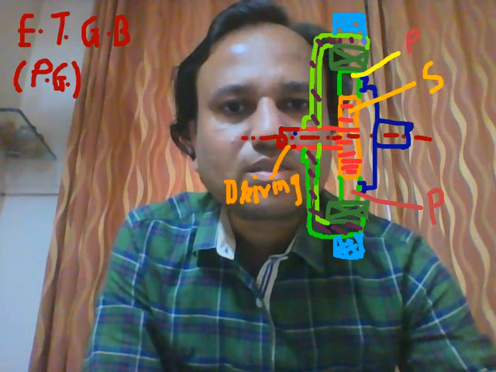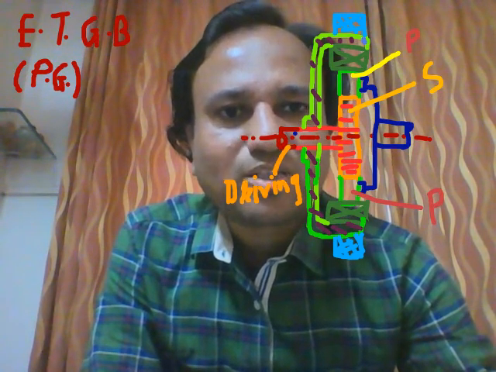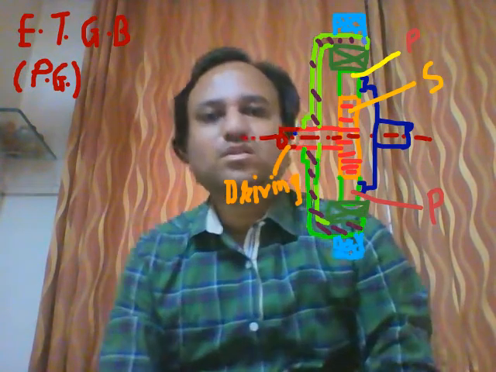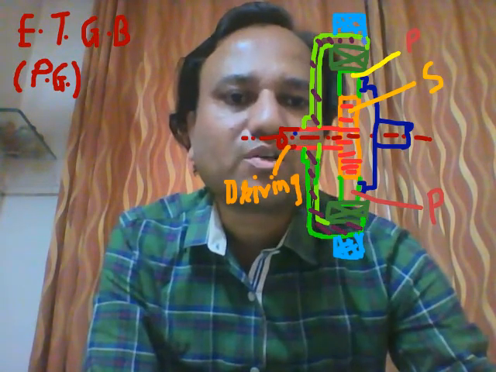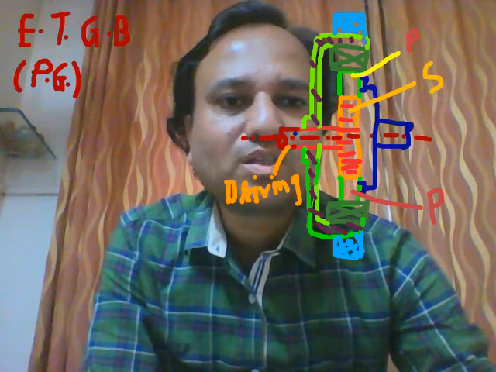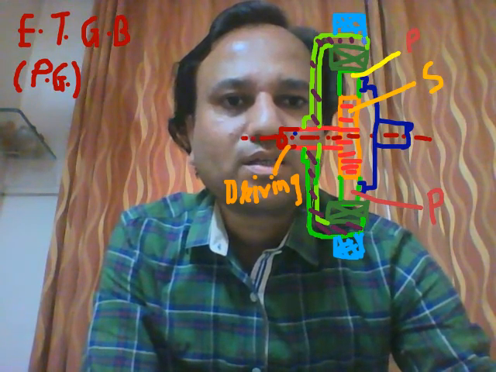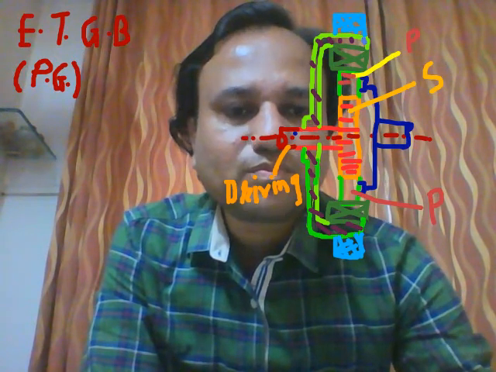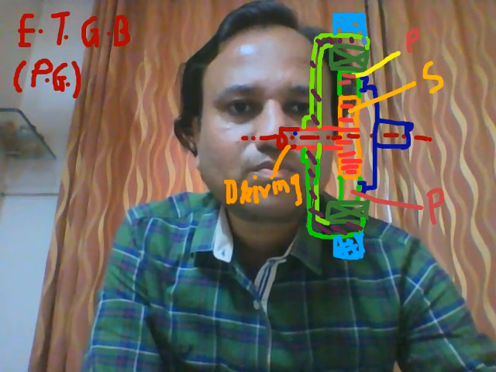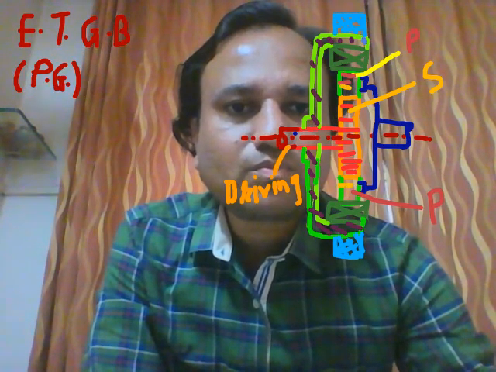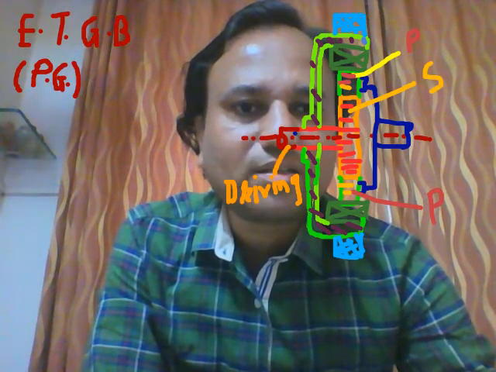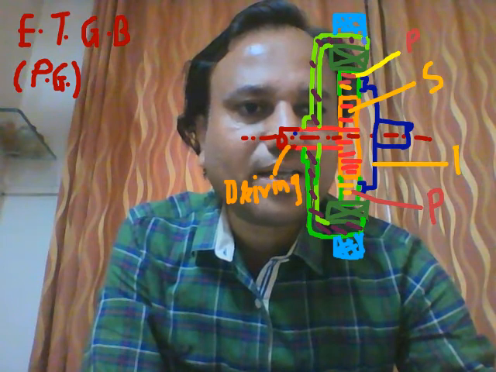The sun gear is further attached to the planet gears. Here I have shown two planet gears. These planet gears are mounted on the planet carrier. Student, this is the planet carrier.